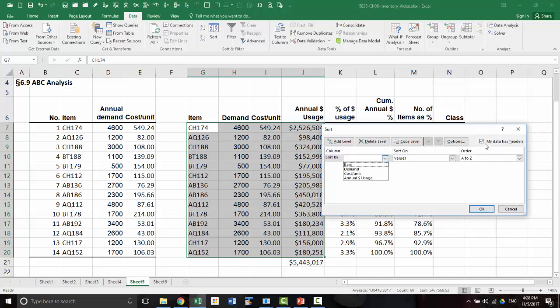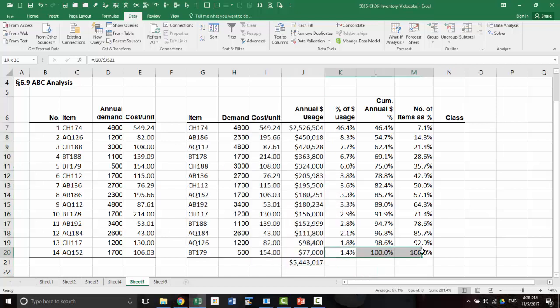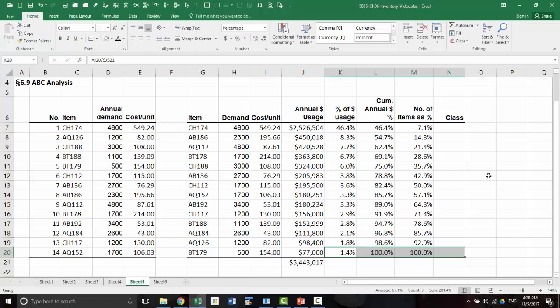My data has headers, annual dollar usage, and you want largest to smallest in descending order. So now we have set up the dollar usage and percentage usage.